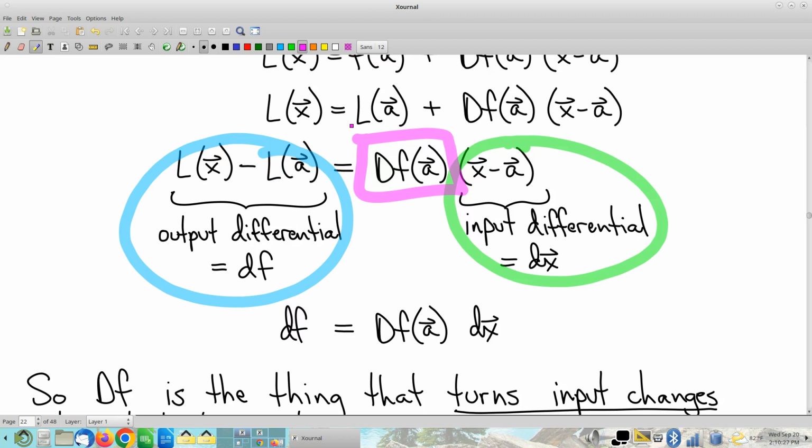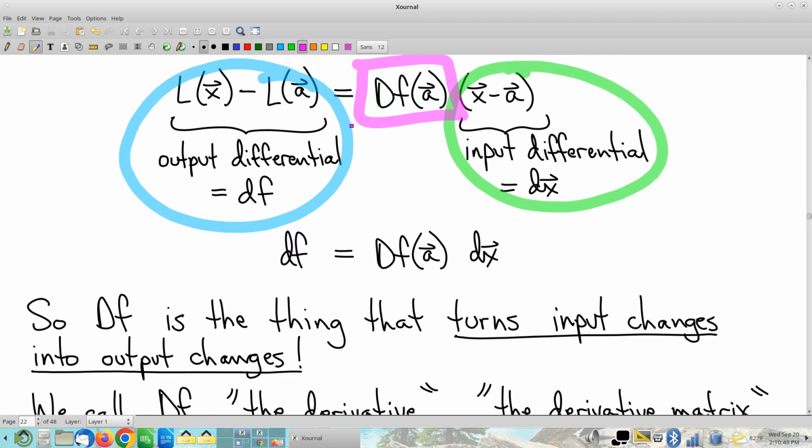And if you think back to the very first thing that I said about derivatives, the first page of the whatever section is that we're in right now, that's what a derivative fundamentally is. It's a relationship between input changes and output changes. So, bam. So this thing df, and now here I'm writing everything as differentials.